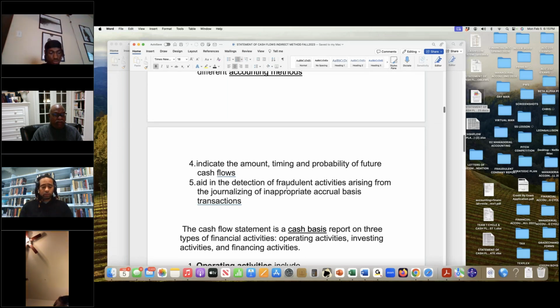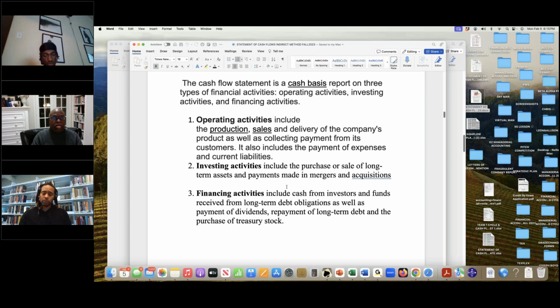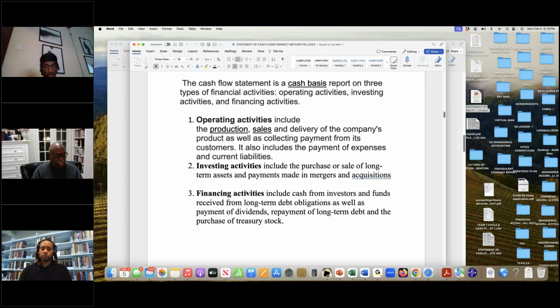There are 3 parts of the statement of cash flow: operating, investing, and financing. Operating is what the company is doing: Macy's sells clothes. Operating activities is like a salary to you. If you had a salary, a company is supposed to have income from selling its inventory.